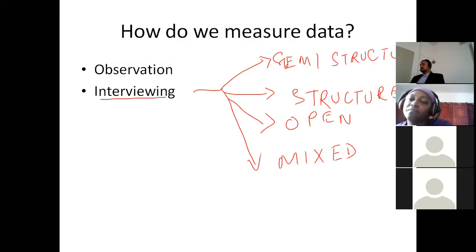Anyway, semi-structured are open-ended in the sense that your interview probably has 5 questions, and you ask those questions to get to a certain objective. So the questions are framed a certain way, and you don't necessarily feed off of one question to go to the next. In an open interview, what happens is you perhaps start with just one question.